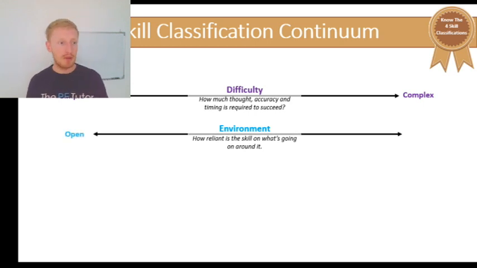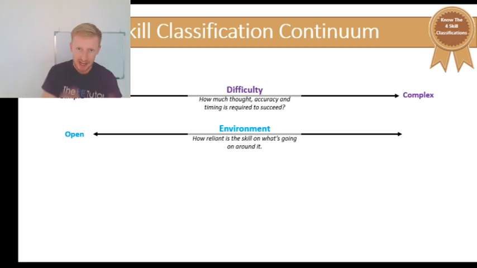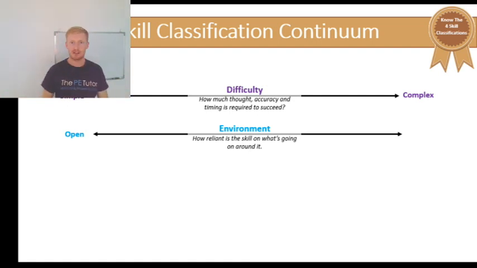So the environment can be open to others, open to external factors. So many things could come in at any split second to change your decision, to change your mind on how to perform that skill, when to perform that skill.